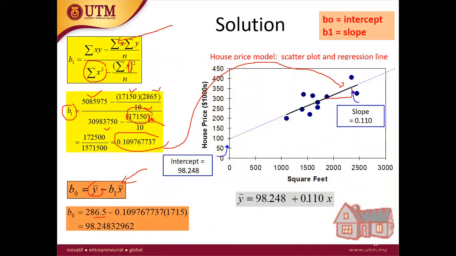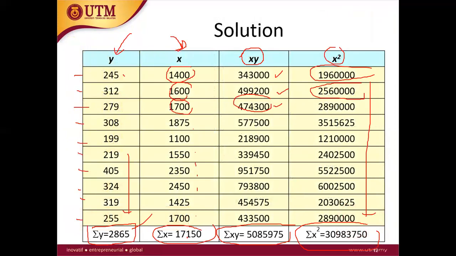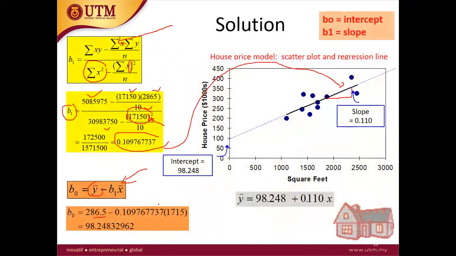The X bar, 17150 divided by 10, you get 171.5. So finally, you get 98.2432962 for the intercept.